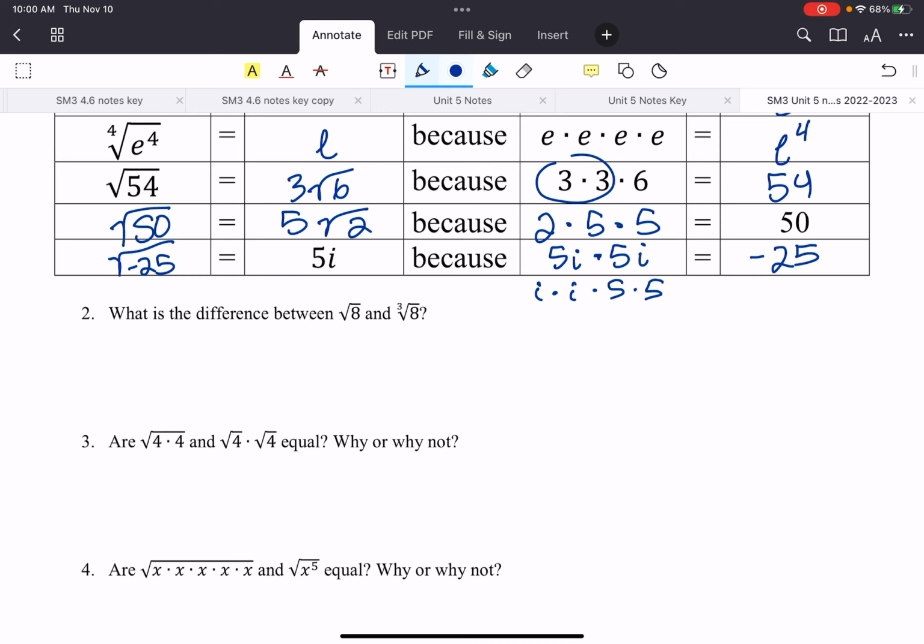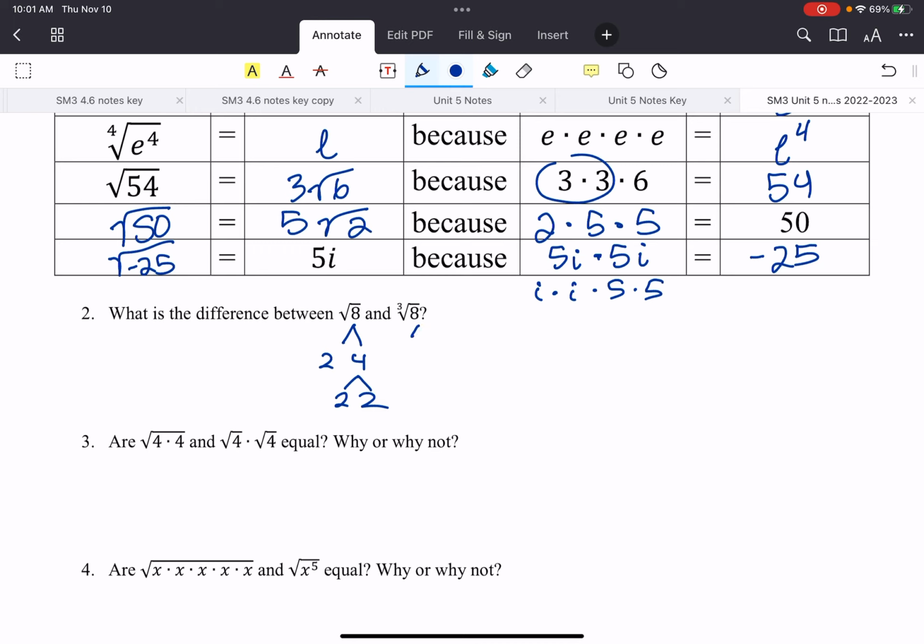Square root. Oh, like that's a 3. Splitting the number into 3 parts that can be multiplied together that are the same number. Okay? So when you do a factor tree to square root, you'd have 2 times 4 and 2 times 2, right?